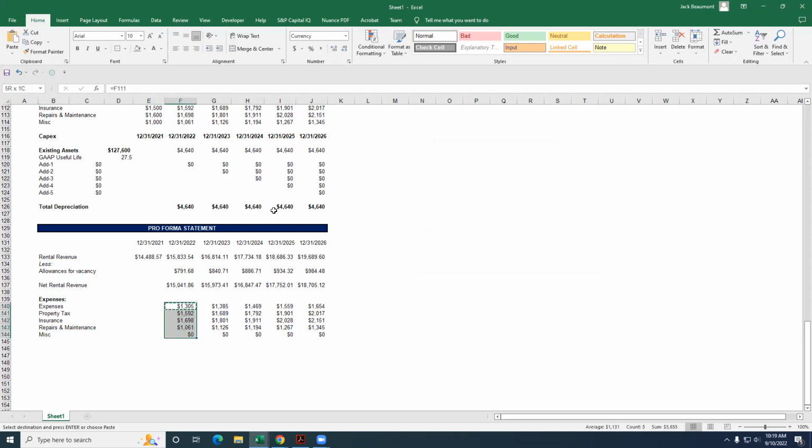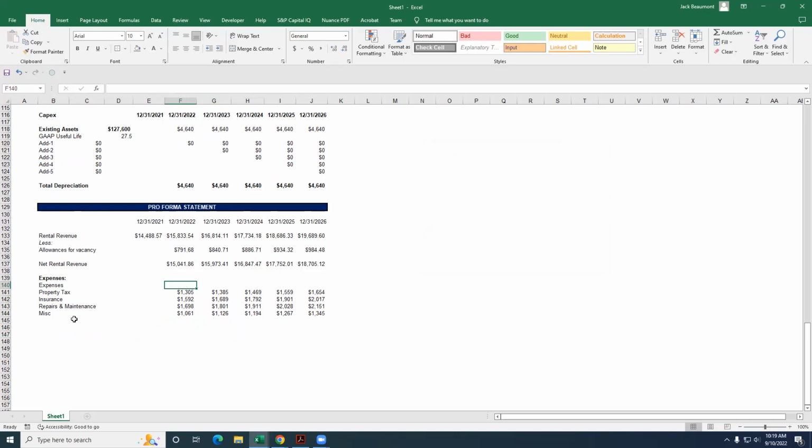Like that. There we go. Okay. And then I'll do a total expense column. It's just equals, do Alt equals to sum all of them up, over to total expenses.